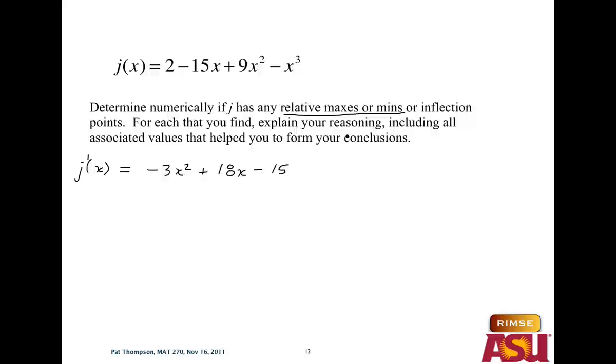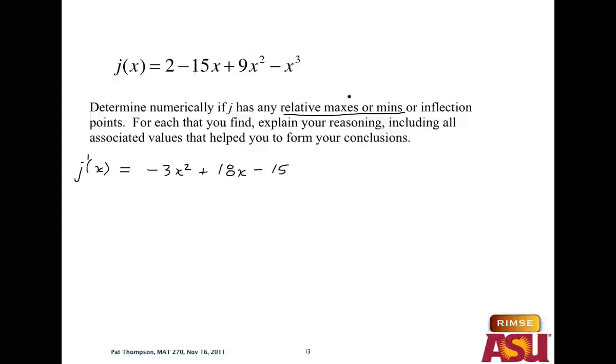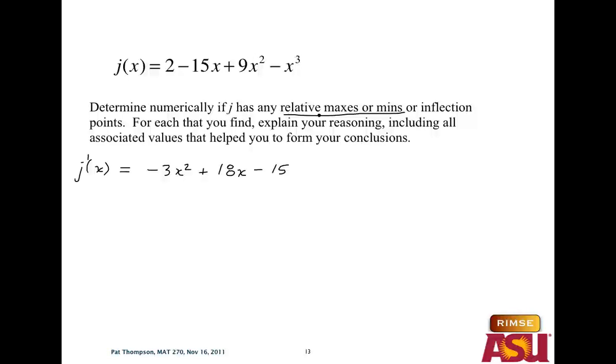Okay, Aaron. You said you set your g of x to 0 because that helps you find the critical points, which will help to figure out your maximum or minimum. Right, so what do we know about the accumulation at a relative max or min? What happens to the accumulation?